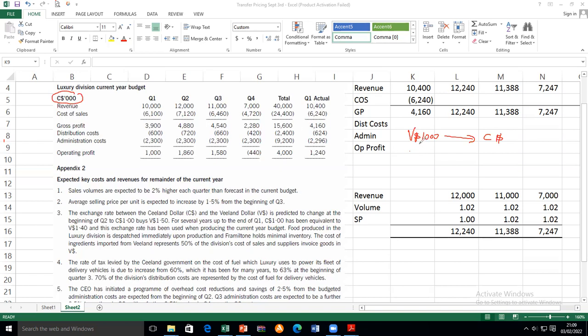Yes, so they were dividing by what? 1.4. That's what they were doing. Here, they were dividing by 1.4. But now they say, later on realize that was not correct. You're supposed to divide by what? 1.5.